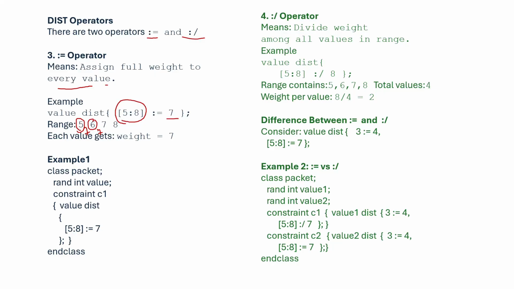That is colon equal to. Clear? That means 5, 5, 5, 5, 5. So 5 will be repeated 7 times, and also 6, 6, 6, 6. Okay. So this will be repeated 7 times. Clear?